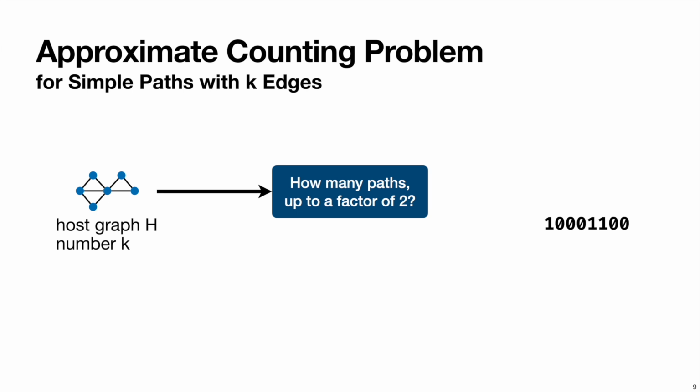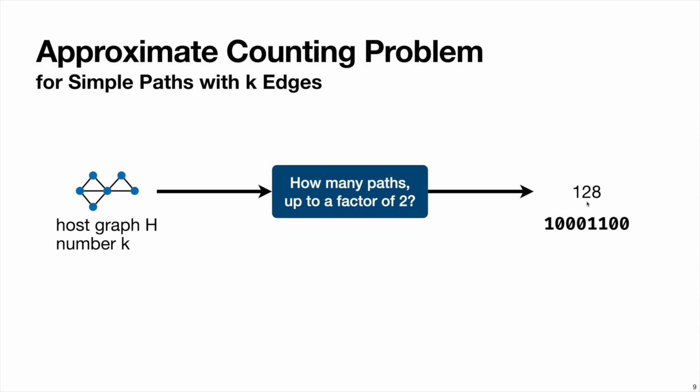There is also the approximate counting problem, where we want to count the number of paths, but up to a factor of 2. Then, instead of 140, we might be content with 128 as the answer, because that's up to a factor of 2 equal.